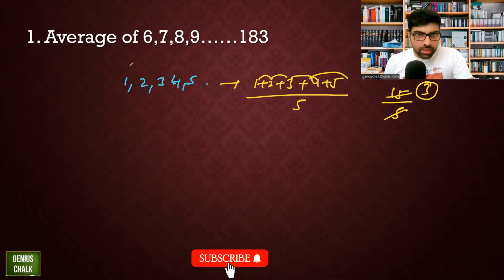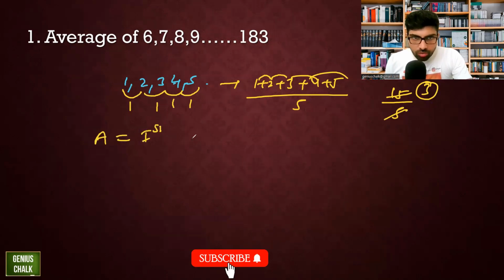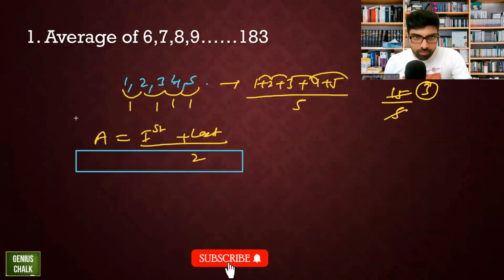The second method, which we are going to learn today, is that whenever the difference between the consecutive terms is the same, then the average is always first plus last number by 2. This is the concept for today's class.